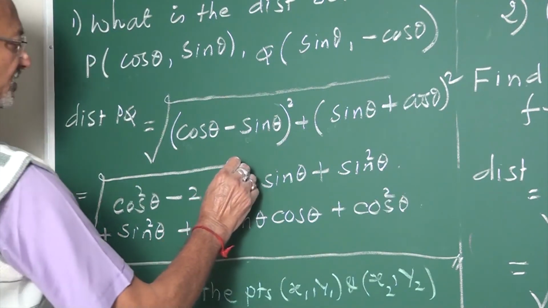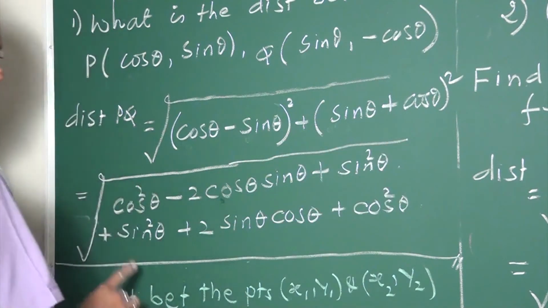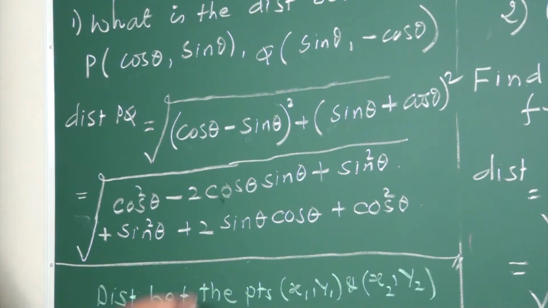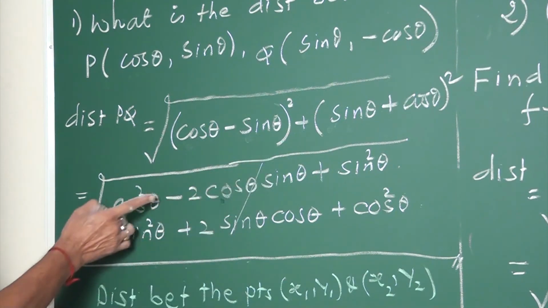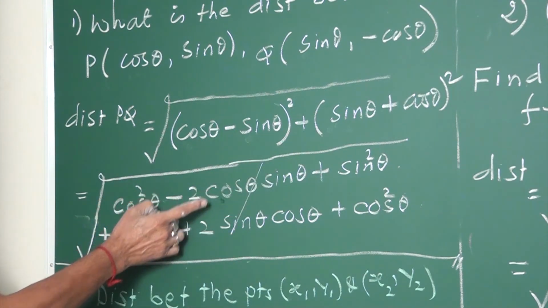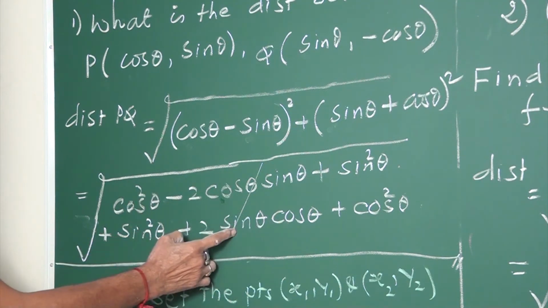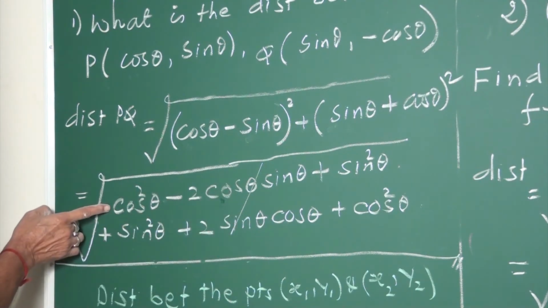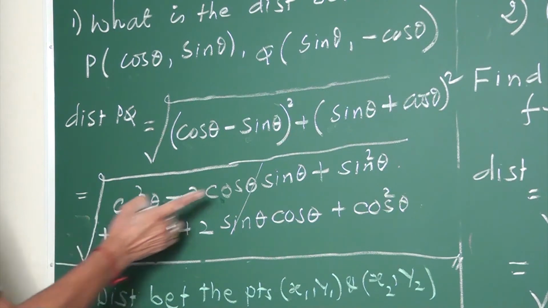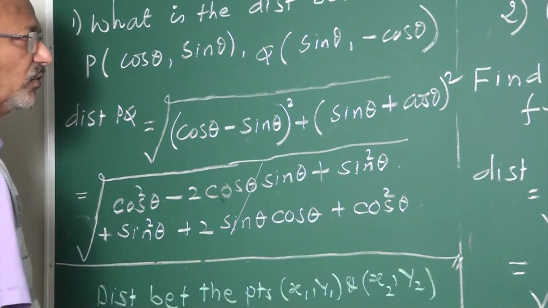These are under the square root, my friends. Minus and plus cancel: minus 2 cos theta sin theta plus 2 cos theta sin theta is cancelled. What is cos square plus sin square? It is 1.